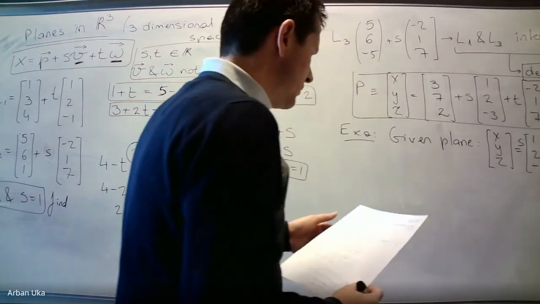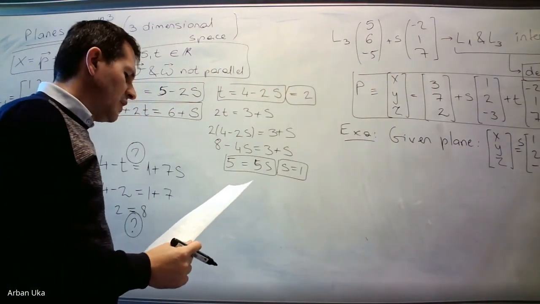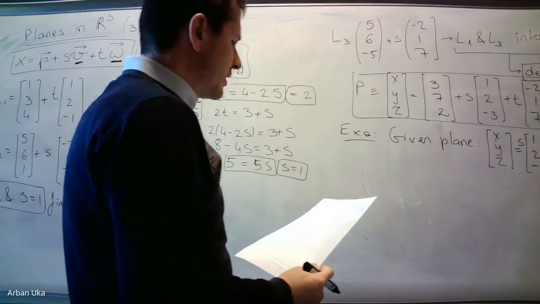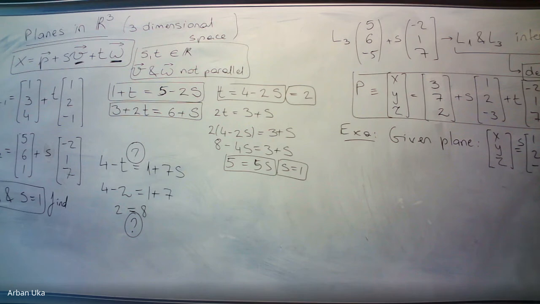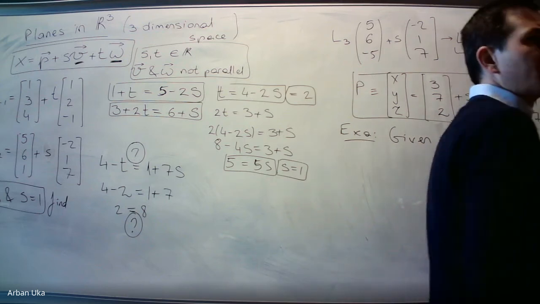So this is a plane. Now, one question that we can come up with is the following. Let's find the Cartesian equation representation of the plane. That's the question, okay?